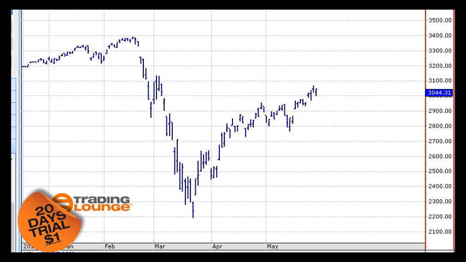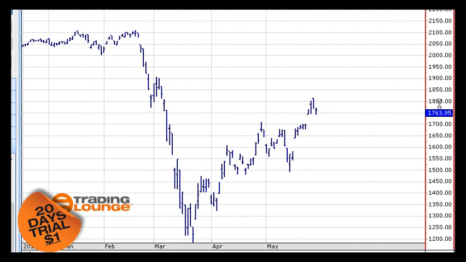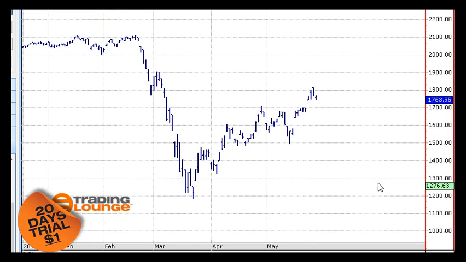Also, I think that the S&P 400 is quite interesting as well. So this is the S&P 400 here. And the S&P 400 has quite a bit of definition in its little move up through here in terms of 1 and 2 here, and 3 and 4 and 5 here. So in this case, we could count this as wave 1 here or wave 2 here.